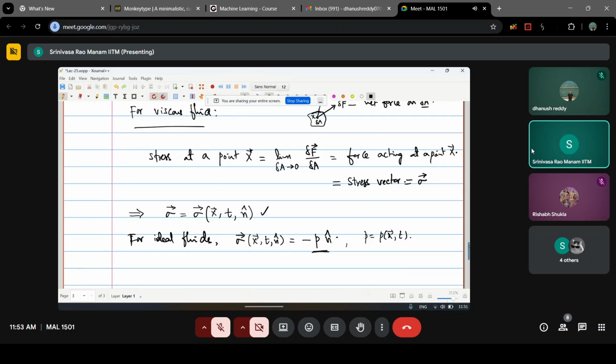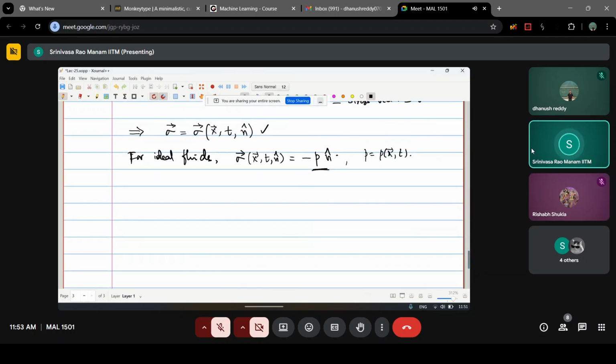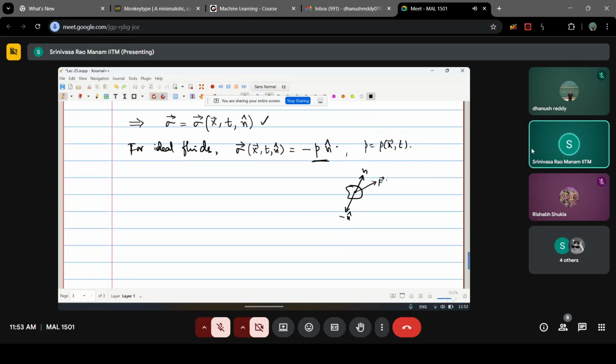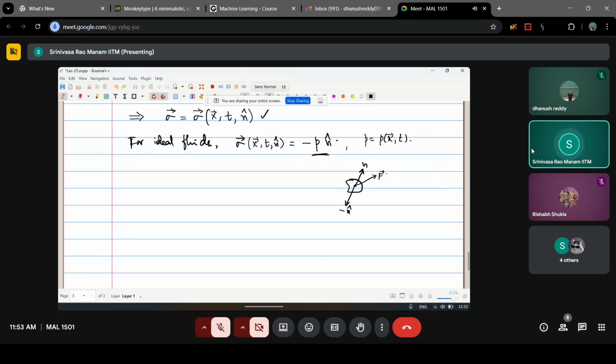So how am I going to do this? What is the next step? You have a fluid element, and at this point, if you are interested, it has a normal. And obviously you also have a minus n cap here, and here you will have some force, delta F. That force is what you are calling your stress.